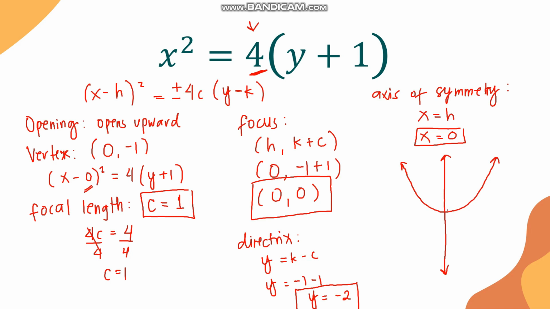Our vertex here is (0, negative 1). Let's write here the x-axis. And then the focus is (0, 0), so this is the origin. This is now the focus.